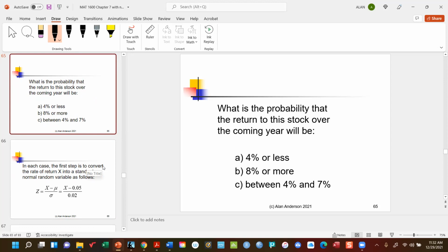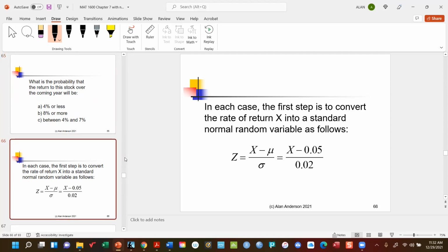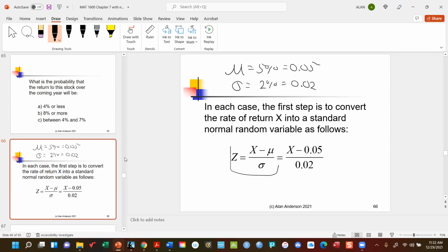All right, so now let's start by looking at the conversion formula. Because the mean is 5%, which we will write as 0.05, and the standard deviation is 2%, which we will write as 0.02, for each of these problems we will apply this formula.